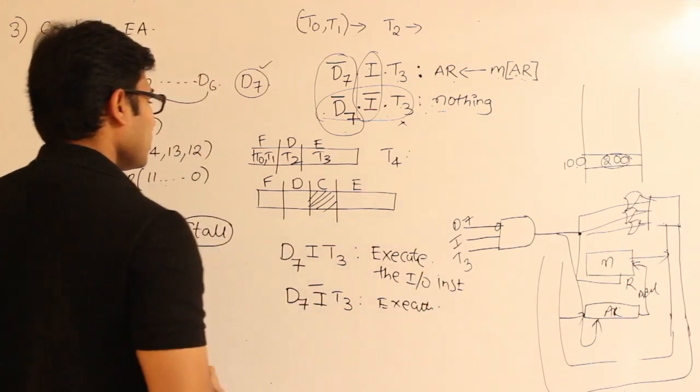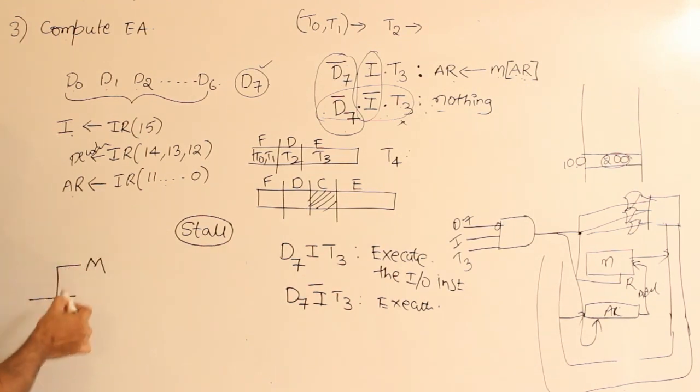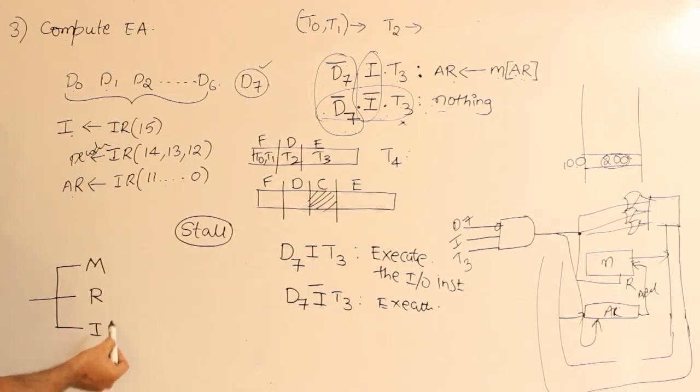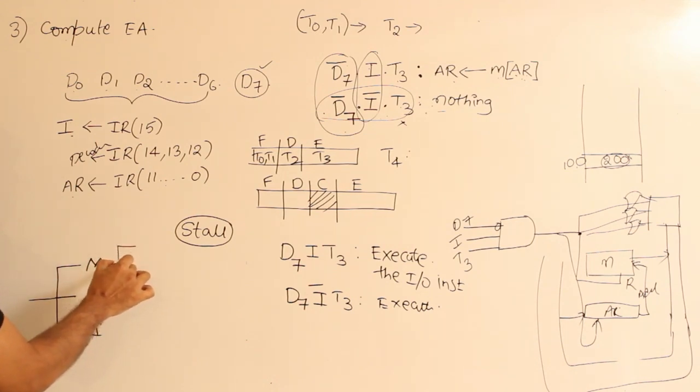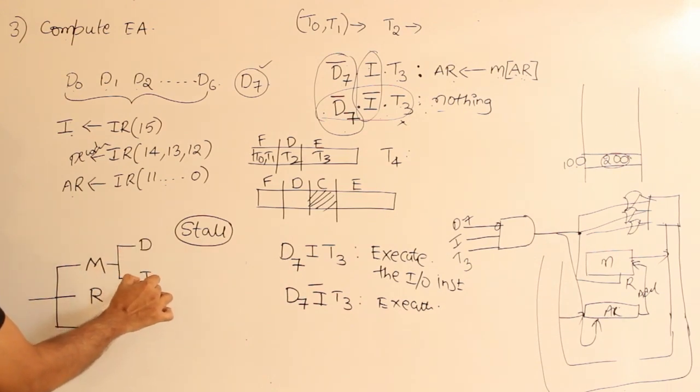If you observe this, the instruction cycle is also changing depending on the type of instruction it is, right? Now instructions are of 3 types, basically 4 types, but initially 3 types. The first one is memory related instructions, then register related instructions, and IO related instructions. Memory related instructions are also of 2 types: one is direct reference and the other is indirect reference.